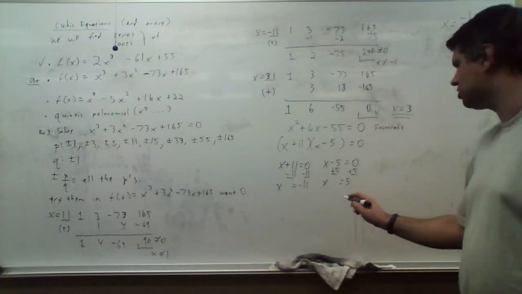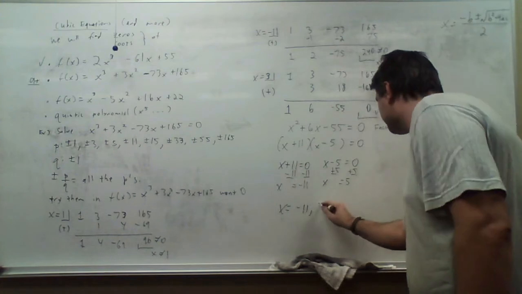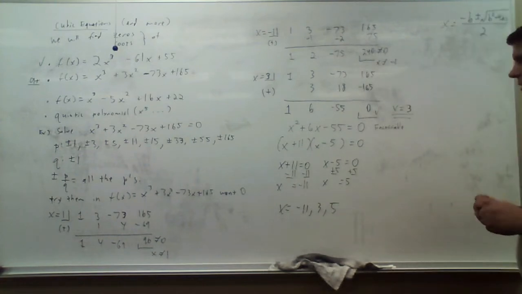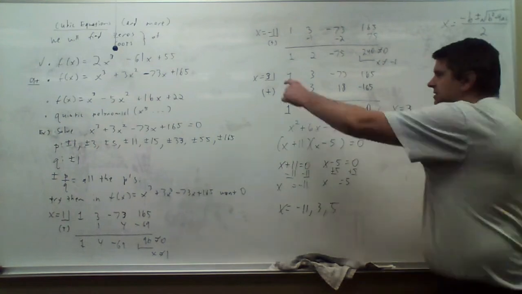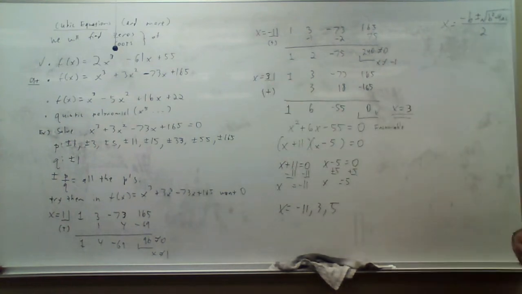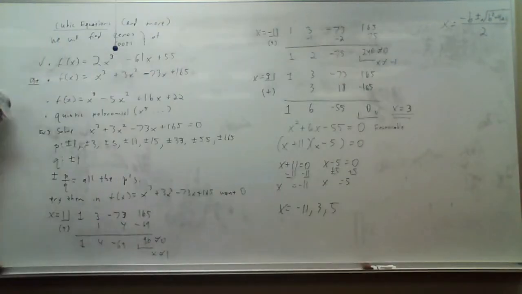So the zeros are x equals negative 11, 3, and 5. This could have been factored as x minus 3, x plus 11, x minus 5. So we are done with this one, and we're at that one.